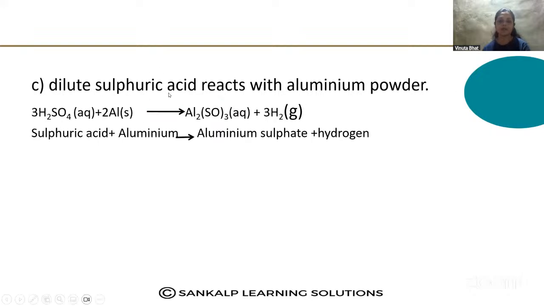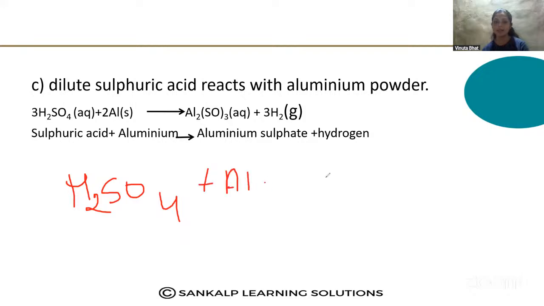Next one, dilute sulfuric acid reacts with aluminum powder. Here, acid when it reacts with the metal also forms the salt and hydrogen gas. Dilute sulfuric acid, that is H2SO4, and aluminum powder, Al, aluminum, that is the metal.